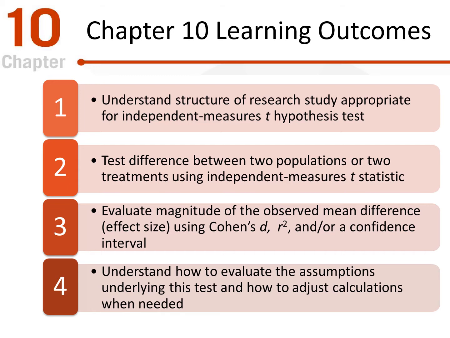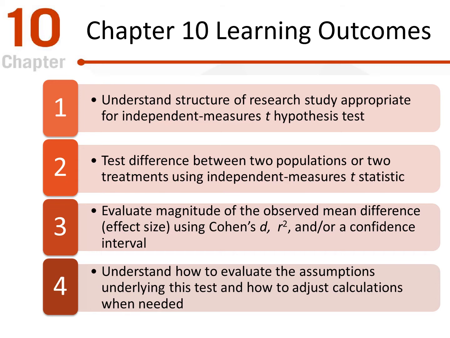We'll be talking about testing the difference between two population means. Basically, one mean represents one population, the second mean represents a population after the treatment was introduced, and is there a significant difference between those two? And then, if there is a significant difference, we evaluate how meaningful the difference is by calculating effect size.